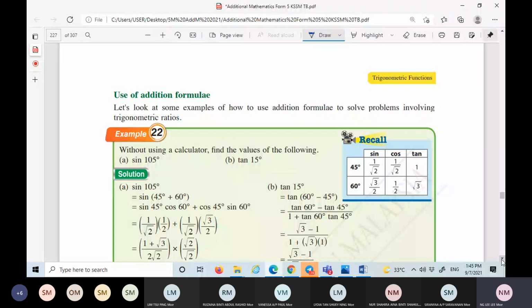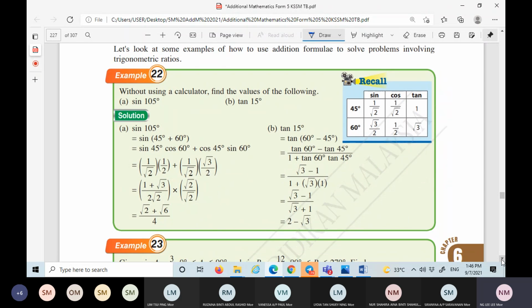Next, use of the addition formula. We're still in the addition formula. Let's look at an example of how to use an addition formula to solve a problem involving trigo ratios. Without using a calculator, find the value of the following.